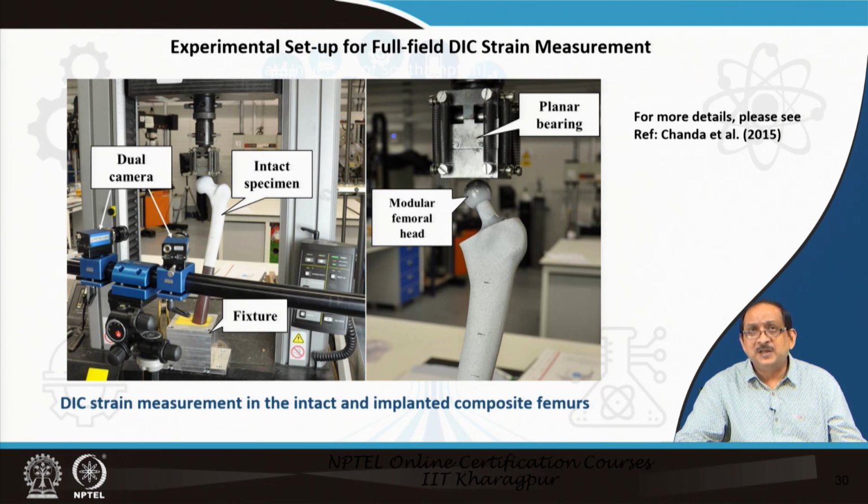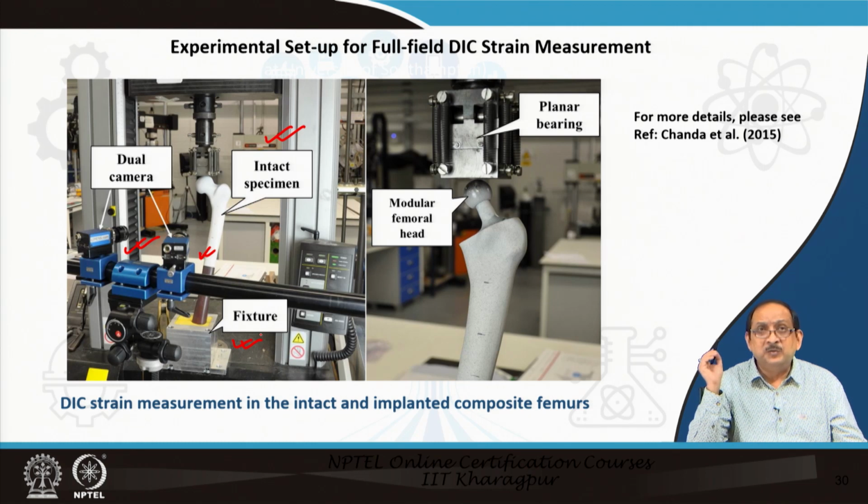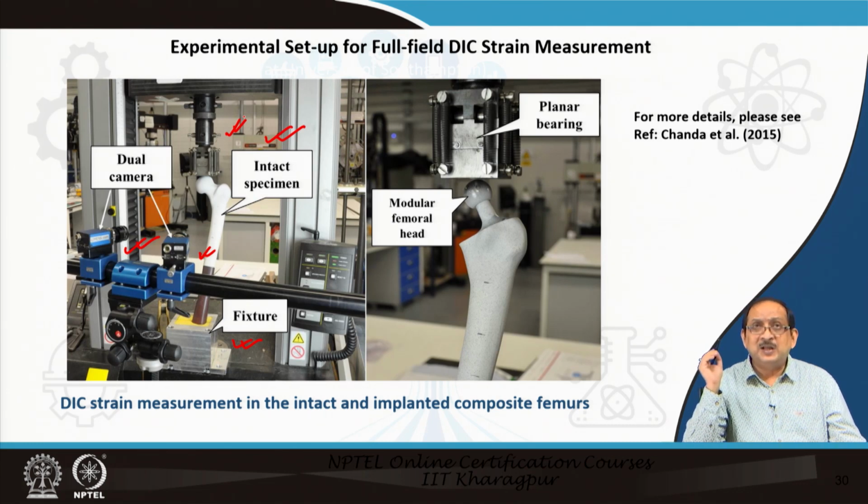The experimental setup for the full field DIC measurement is presented here. On the left, we have the intact specimen, the 2 cameras, dual cameras, and of course, the fixture on which the bone is fixed, and the loading mechanism that we have used earlier is used here to apply the vertical load.